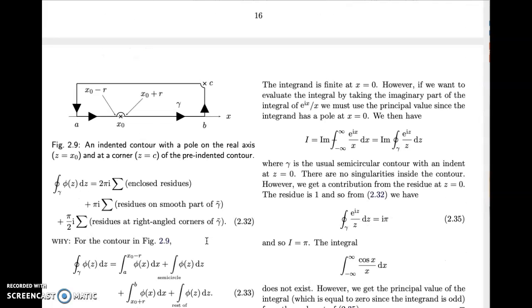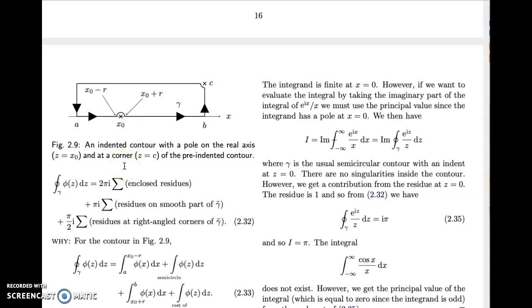Okay, so we need to then modify the residue theorem. It's modified in the way you would guess: if you've got a pole on a contour, on a bit giving you a semicircle, so it's on a straight line, the smooth part of the contour, then it's sort of like you count it as a half a residue.